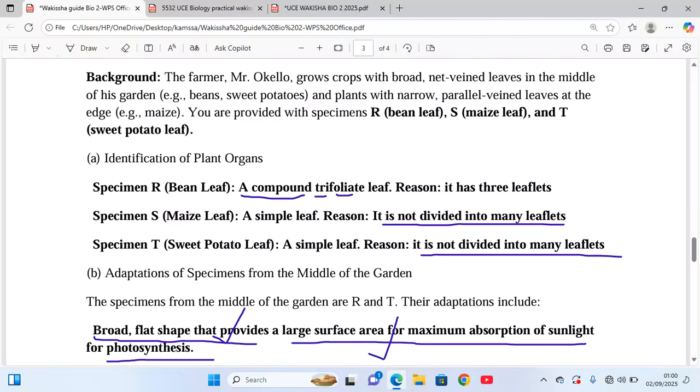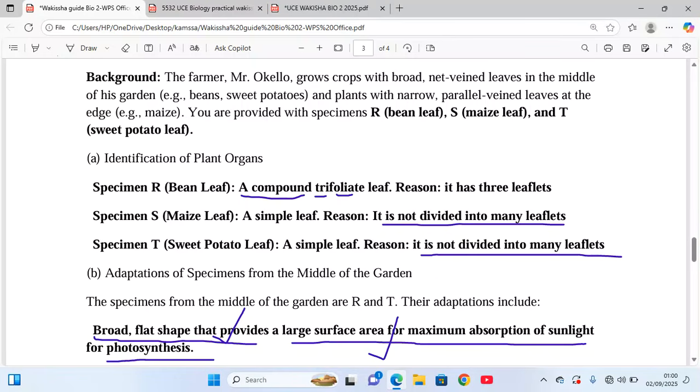We are seeing there specimen R, which is a bean leaf, and specimen T, which is a sweet potato leaf, and then around the garden, at the edge of the garden, he planted plants with narrow, parallel veined leaves.